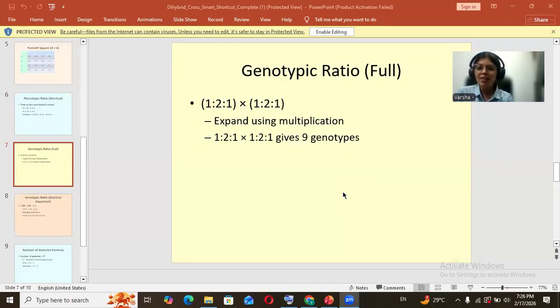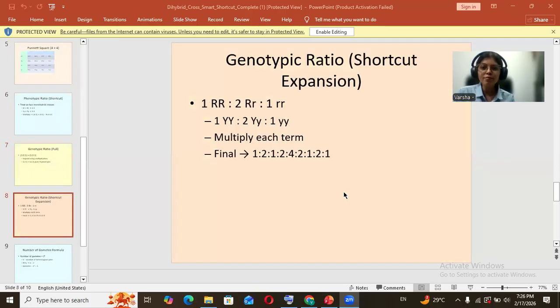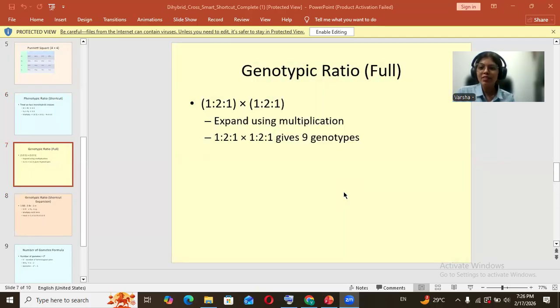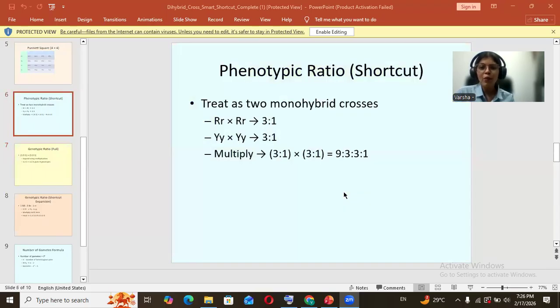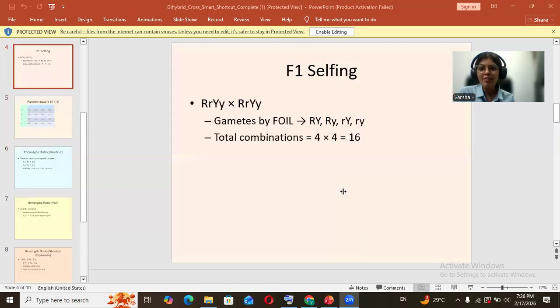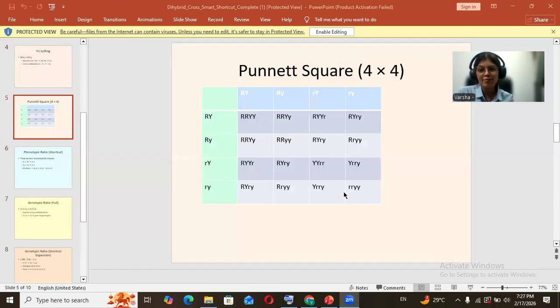You need to expand it and you will get 9 different genotypes. So 9 different genotypes for the F2 generation, 4 different phenotypes for the F2 generation, and the number of offspring in the F2 generation will be 16.